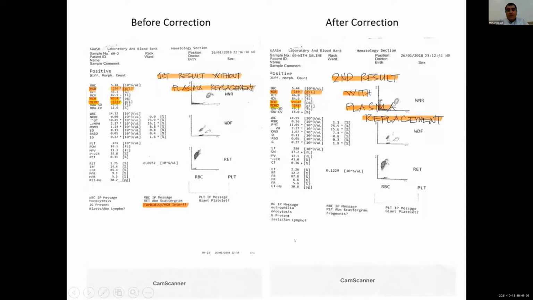So with this condition, we will start the correction, and the correction is achieved by, as I mentioned, the plasma replacement. After doing the proper plasma replacement and retesting the patient sample, the hemoglobin is dramatically decreased from 236 down to 160, and also MCH and MCHC are dramatically decreased to the correct values.